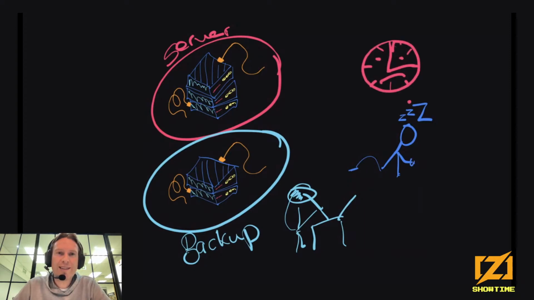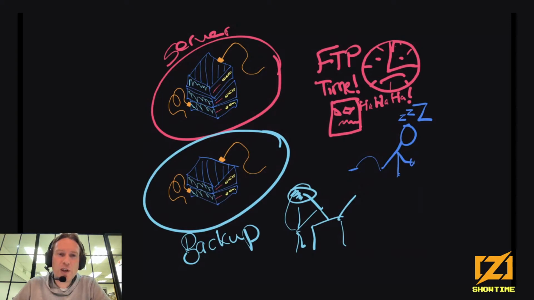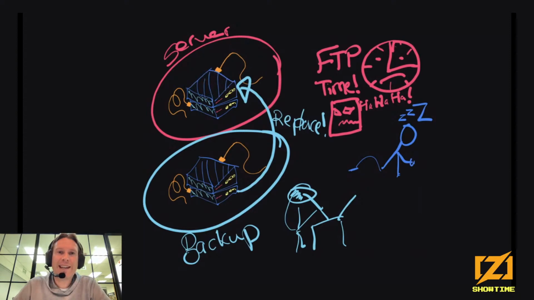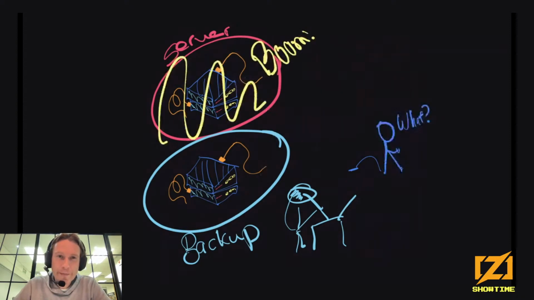The clock would strike the hour, the FTP job would run and overwrite the server's more up-to-date data with the older, less up-to-date version from the backup, destroying data on the server and causing the primary server to crash as its files were deleted, which would set off an alarm and wake technician number 1, who would ask, "What?"